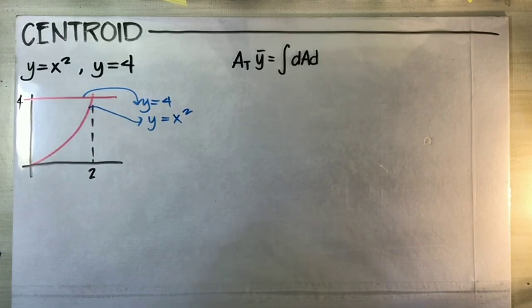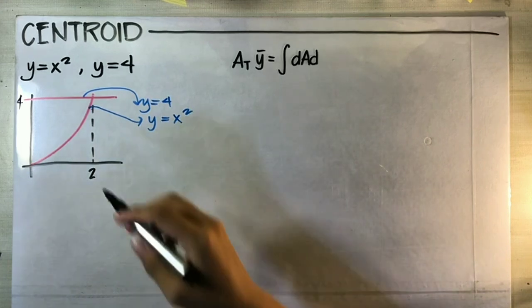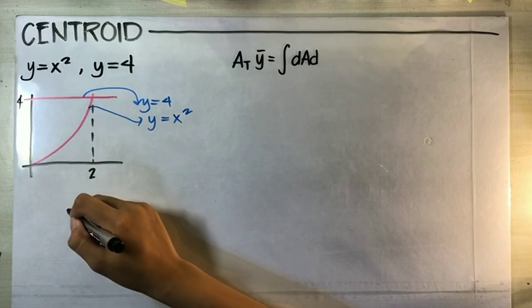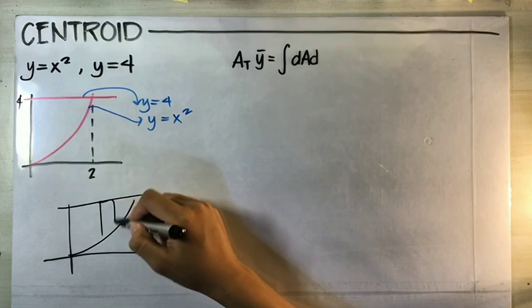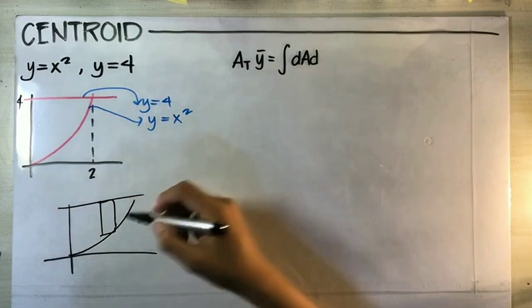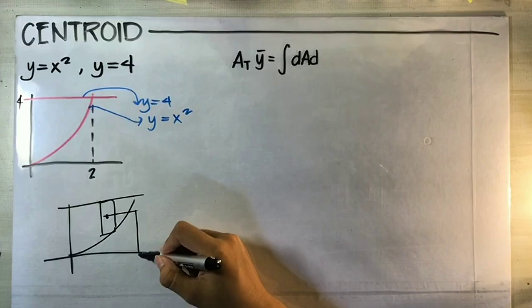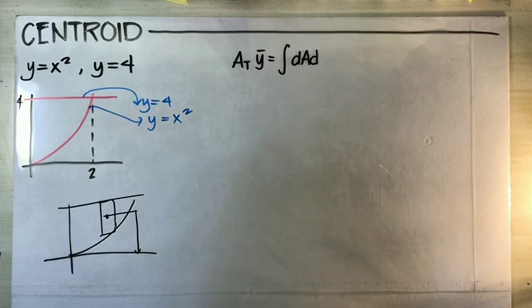So our d is the distance from the center of the strip to the axis. So let's rewrite this over here. If we make a strip here, our d is from the center up to our reference axis, and the dA is the differential area.